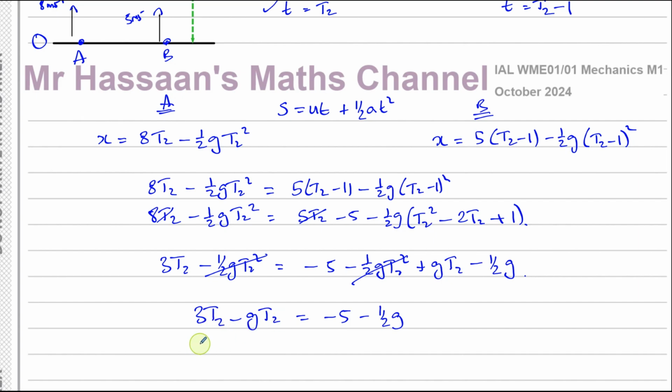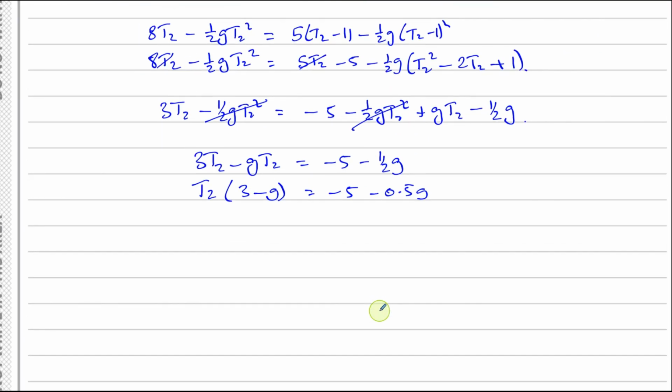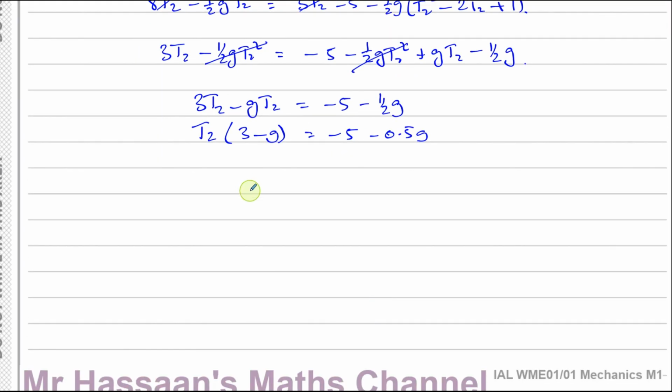So what I can do here is I can see T2 is common, so I can take T2 out. And I've got 3 minus G, and I've got minus 5 minus, I'll put it as decimal 0.5 G. And now I can divide both sides by 3 minus G. So I have T2 is going to be minus 5 minus 0.5 G divided by 3 minus G, and that will give us our answer.